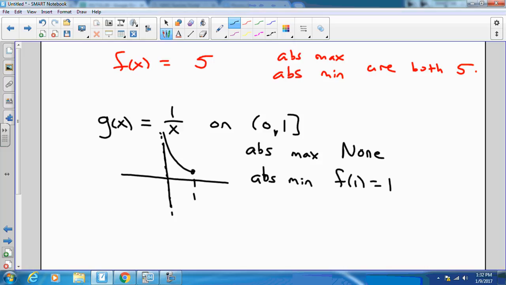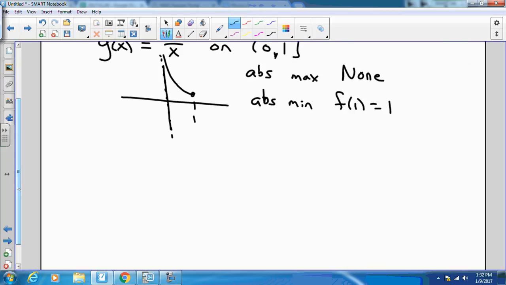So f has no absolute maximum. And that's because it has an asymptotic discontinuity adjoining its domain, or at a point that is on the boundary of its domain. Let's consider another situation that's kind of similar.